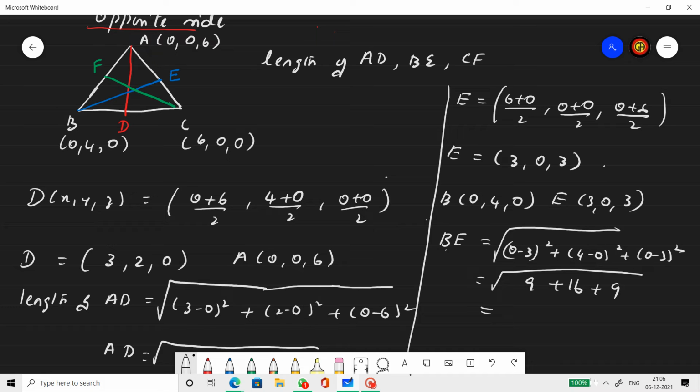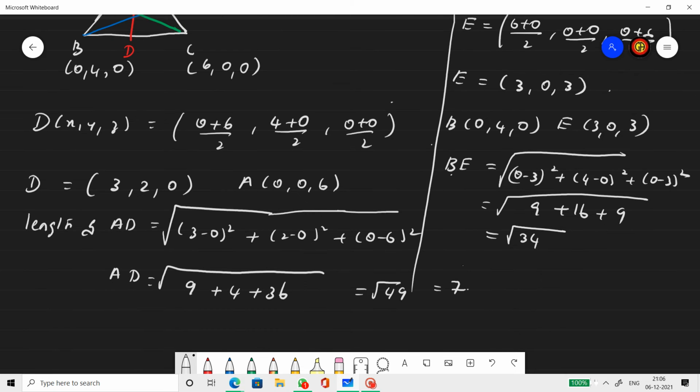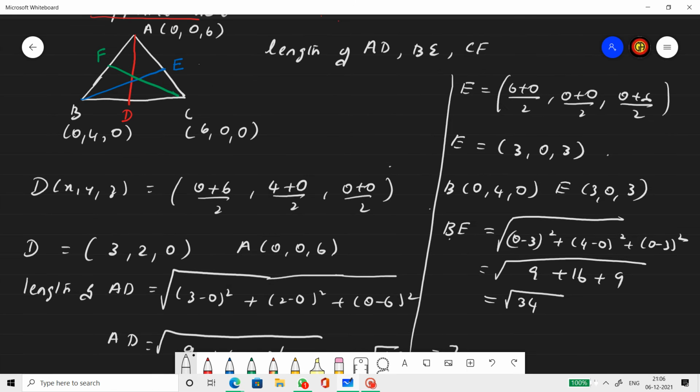So 9 plus 16 is 25, plus 9 which is 34. So that is the length of BE. Now similarly you can find the length of CF also. So F becomes the midpoint of AB and then take the distance between C and F.